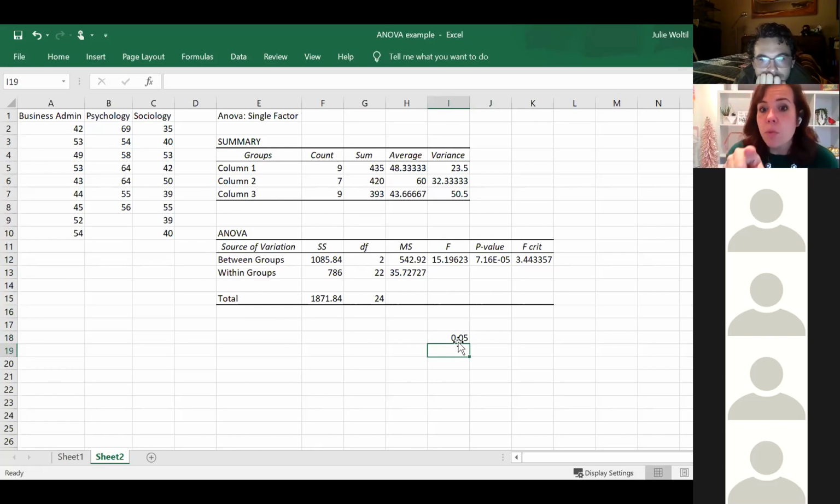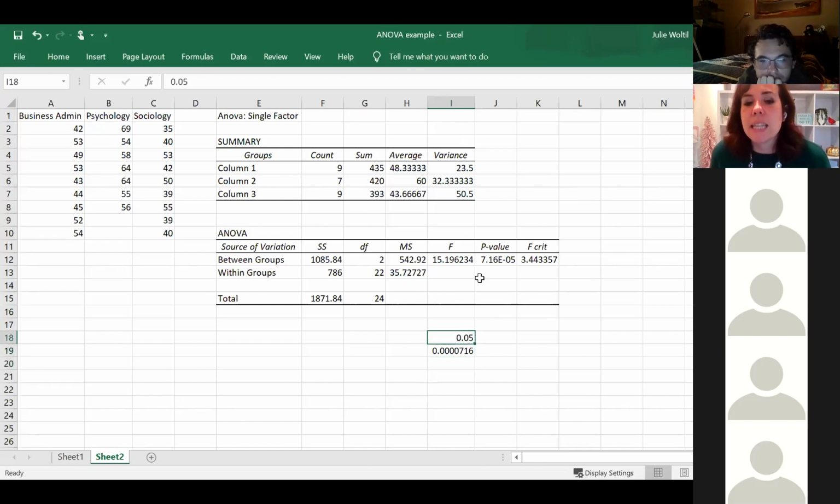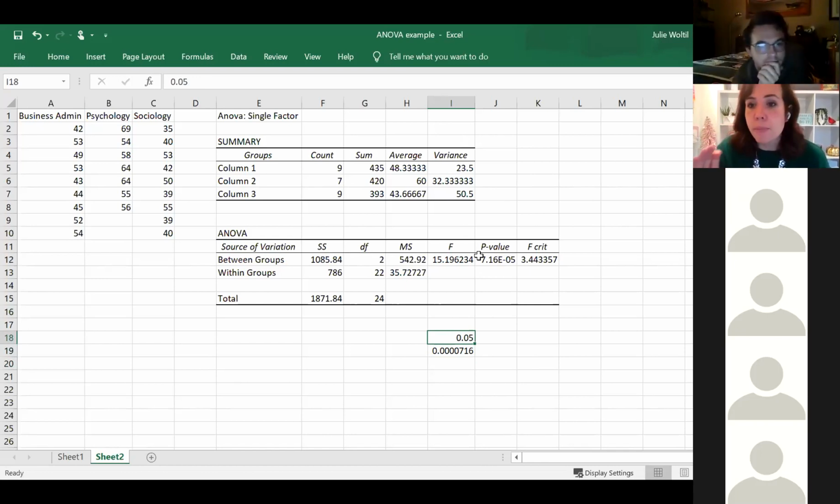The p-value for this, if I move the decimal points, would be 0. What is that? 23716. So with that, we're looking at the F value to calculate that? Let me take a step. So remember our p-value, that's how sure we are that it's not due to random error, right? So we set our alpha at the beginning, that was 0.05. Anything more than 0.05, that's too much error.